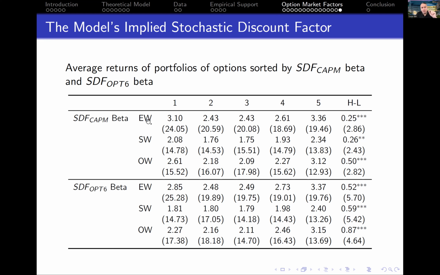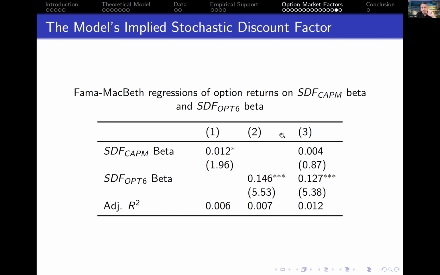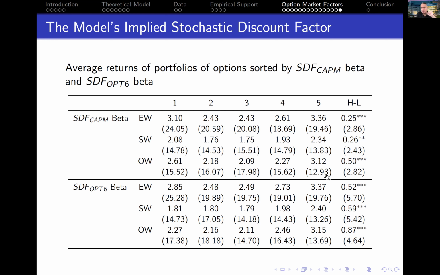And if you calculate equal-weighted, stock value-weighted, or option value-weighted averages, the return spreads are small but significant, consistent with this evidence, right? But if you do this for our SDF beta, the numbers are huge. Okay, so that's why we have this extended risk return opportunity that's basically captured by our factor model.